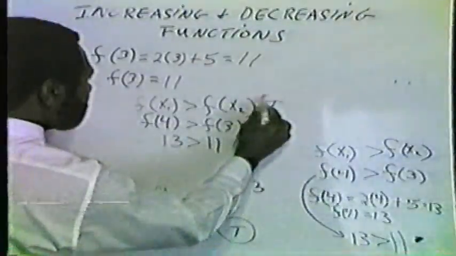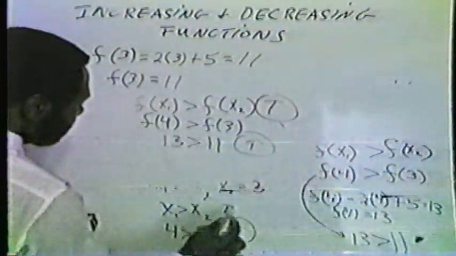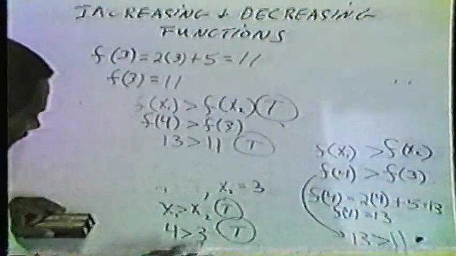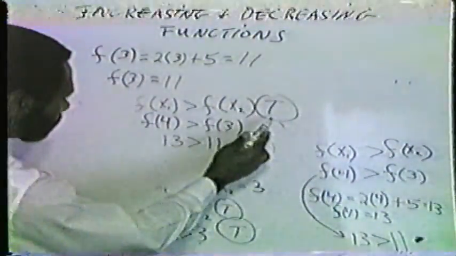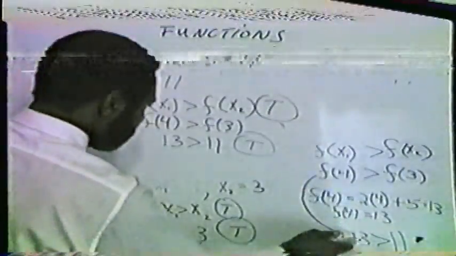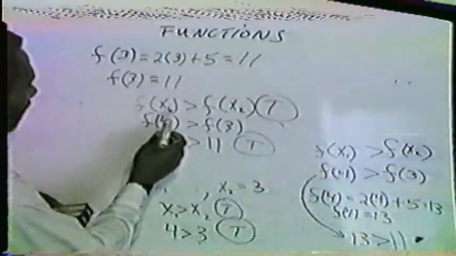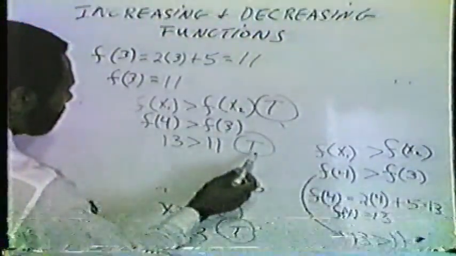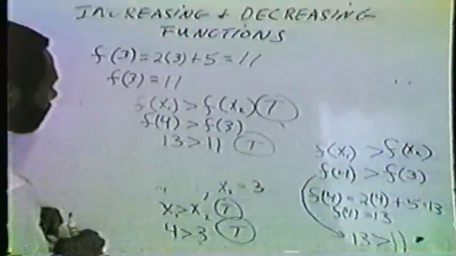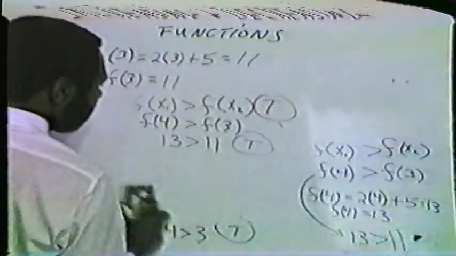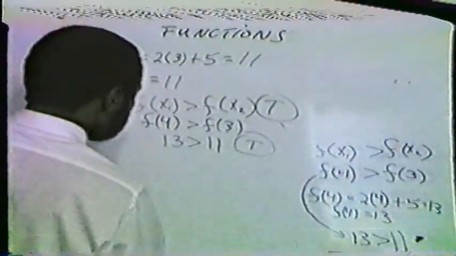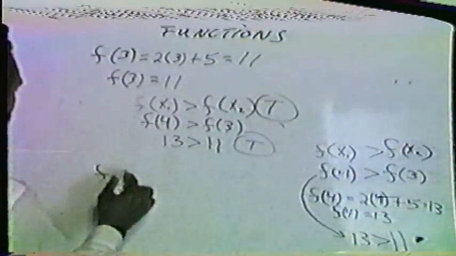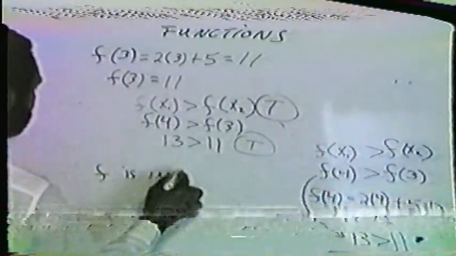This means that it's true that x sub 1 is greater than x sub 2, because that's where we chose our numbers. And it's also true by substitution that f of x sub 1, which is 13, is greater than f of x sub 2. So this function is increasing in that interval.